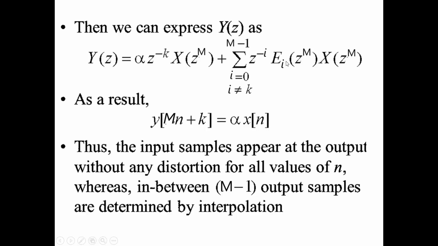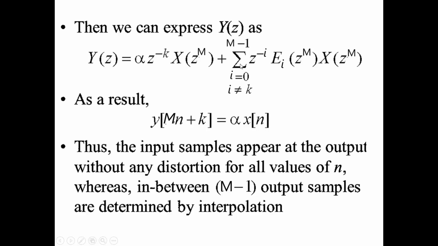The rest of the components remain the same. This X(z^M) factor will come, because this is the H(z) part for all the terms except I equal to k, and it has to be multiplied with X(z^M) to get Y(z). So this is the case when the upsampling is done.